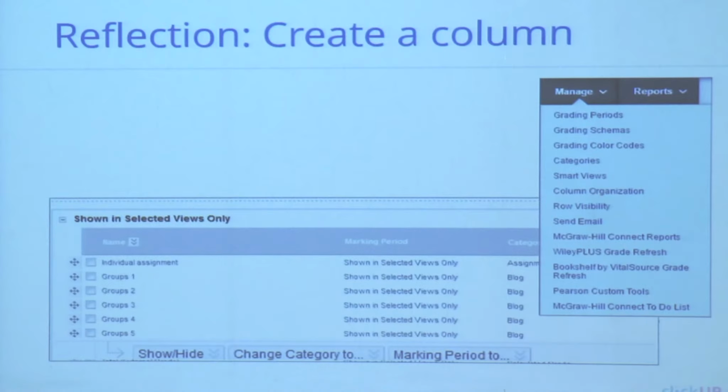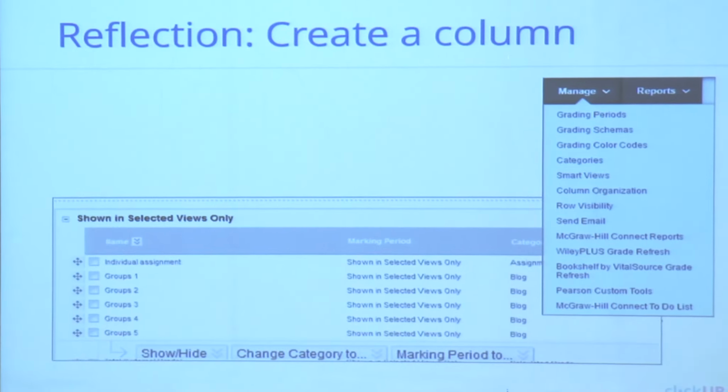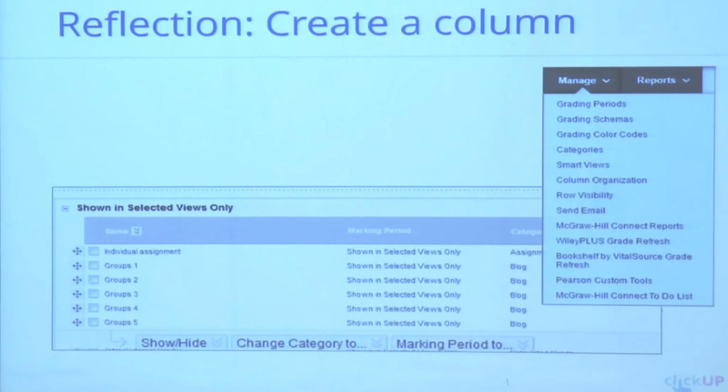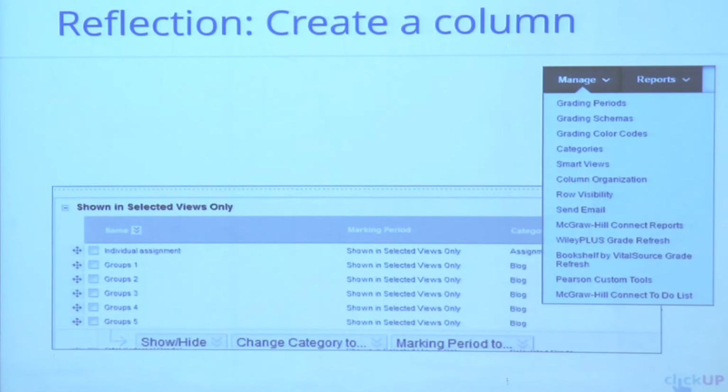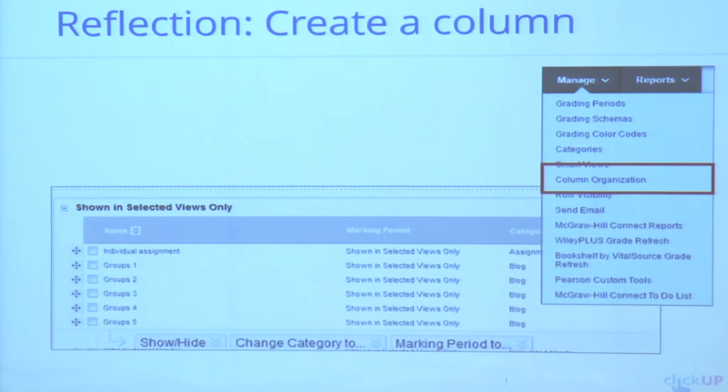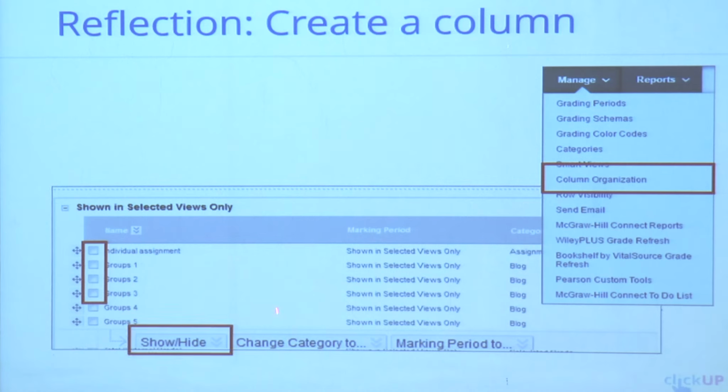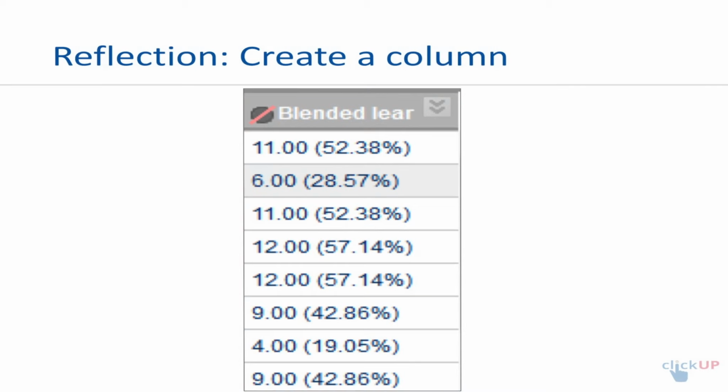So if you, for example, selected hide from your view and it's now gone, you can make it visible again by going to the Manage option and selecting Column Organization. It will take you to this page where you can select the columns that need to be visible again, and you use the Show Hide option at the bottom to make them visible.